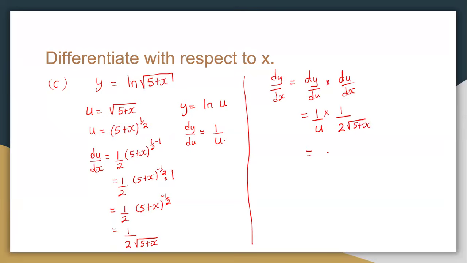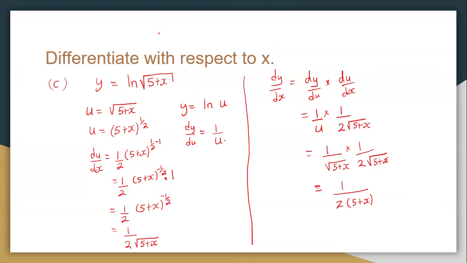We have 1 over u as root of 5 plus x multiplied by 1 over 2 root 5 plus x. So the whole thing gives us 1 over 2 into brackets 5 plus x. Yes, that's our dy dx.